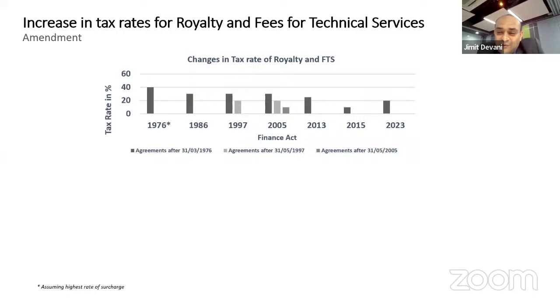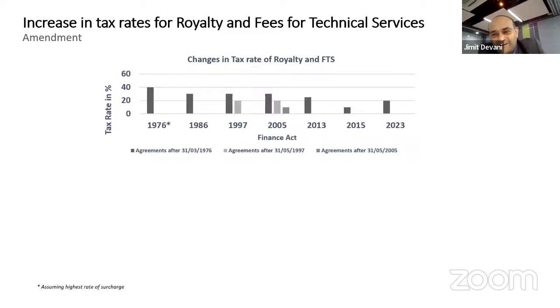Then, after that, further amendments were brought in, because there were judicial precedents on the question of whether a foreign entity earning income in India but claiming a tax treaty benefit should file its tax return in India or not. Then an amendment was brought in a couple of years ago that if you're paying taxes as per the domestic law of India, then you don't need to file your tax return in India.